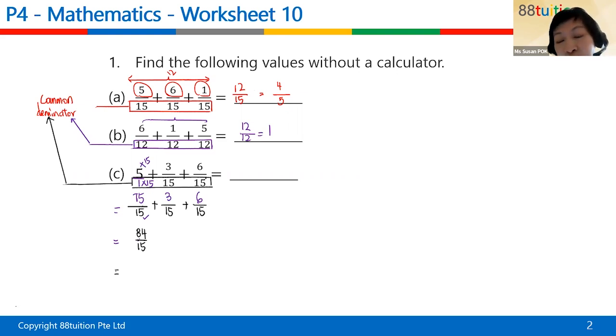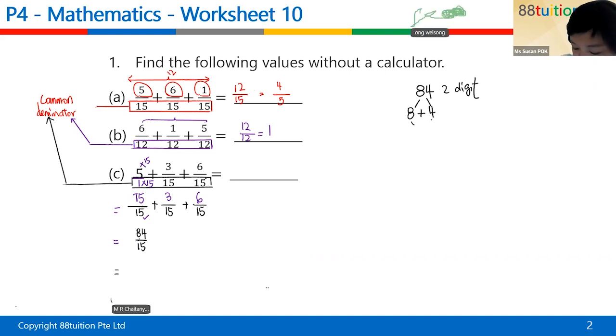Now that you can do this, you reduce to the simplest form first. Why? Because they can divide by what? Divide by 3. 84 can divide by 3. You want to learn a new trick or not? I show you something. Everybody see my magic. What is 84 here? It is made up of 2 digits, 8 and 4.